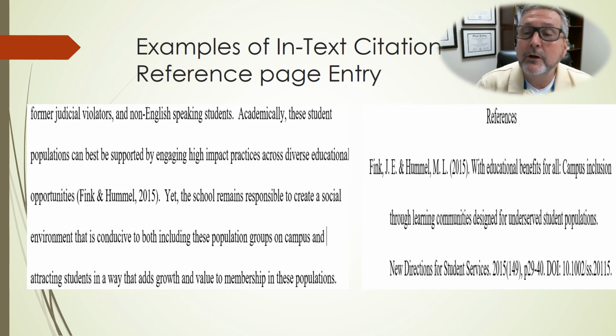That's the title of the article. Next comes the title of the publication, which is New Directions for Student Services, period, published in 2015, parentheses 149, which is the volume number, comma, pages 29 through 40, and then we have the DOI number. We'll talk more about DOI numbers.